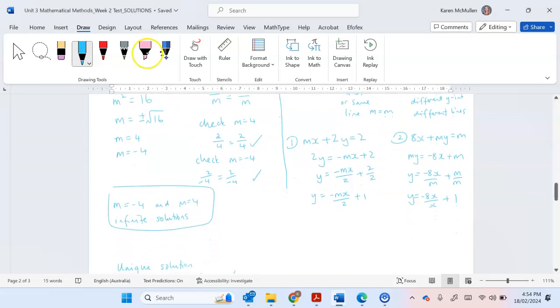Now, remember, as I said before, when your gradients are the same, you have parallel lines or the same line. So I'm just looking here at this coefficient. Oops, I don't know why I wrote an x there, that should be an m. So I'm just taking those coefficients of x, so we get negative m on 2 is equal to negative 8 on m.